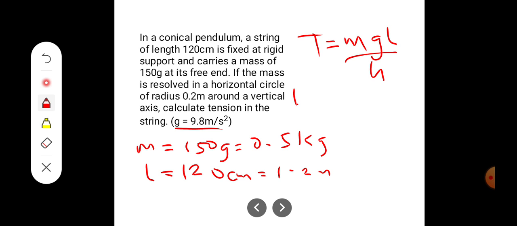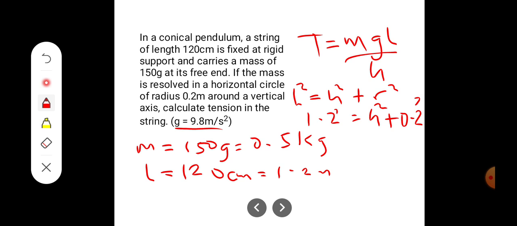The only challenge here is h, but we can find h because we know that L squared is equal to h squared plus r squared. Don't forget that. So your L is 120 centimeter, so let me use the 1.2 squared equal to h squared plus your r here is 0.2, so we have 0.2 squared.